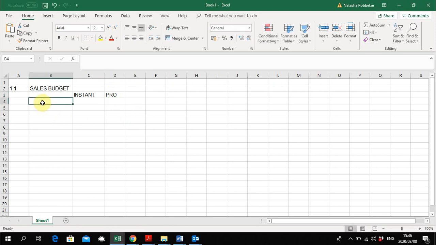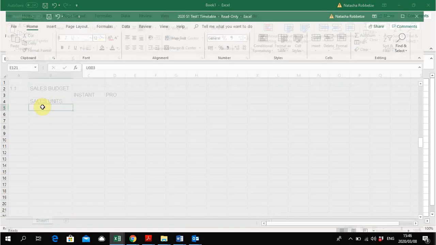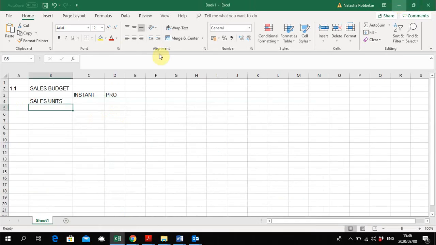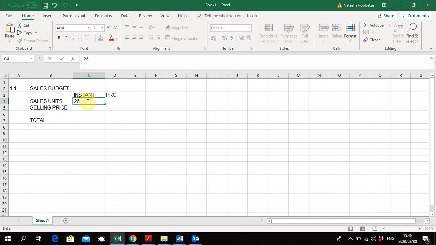Right, so we need the sales units and the selling price. And the total. We are told of the Instant, we require 26,800 units.